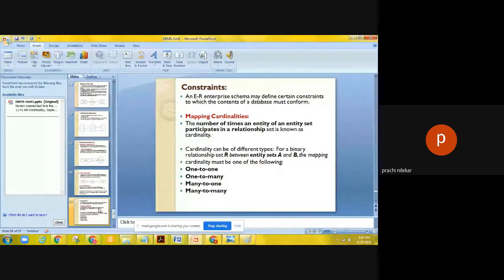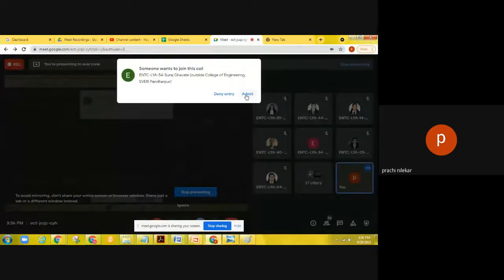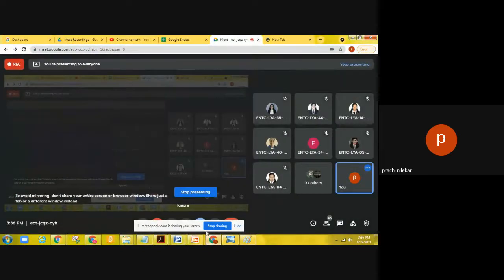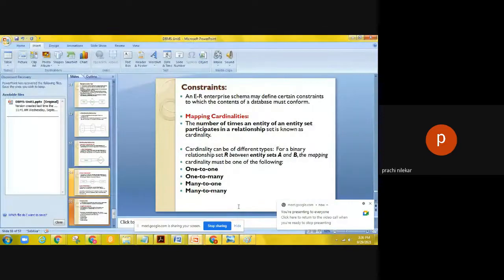Cardinality can be of different types for a binary relationship set.